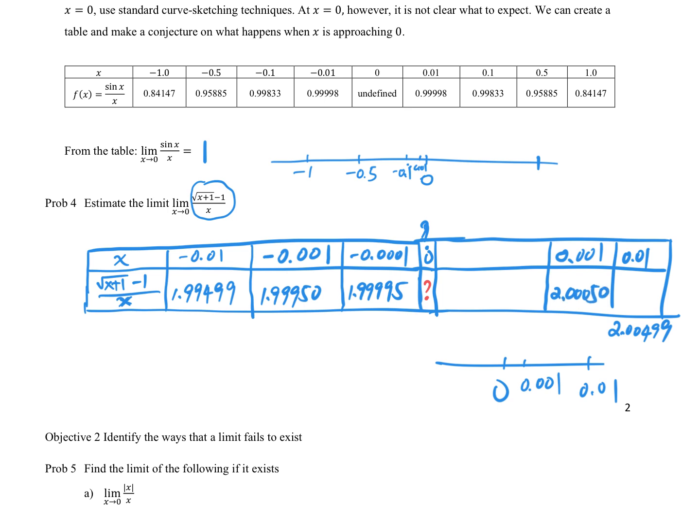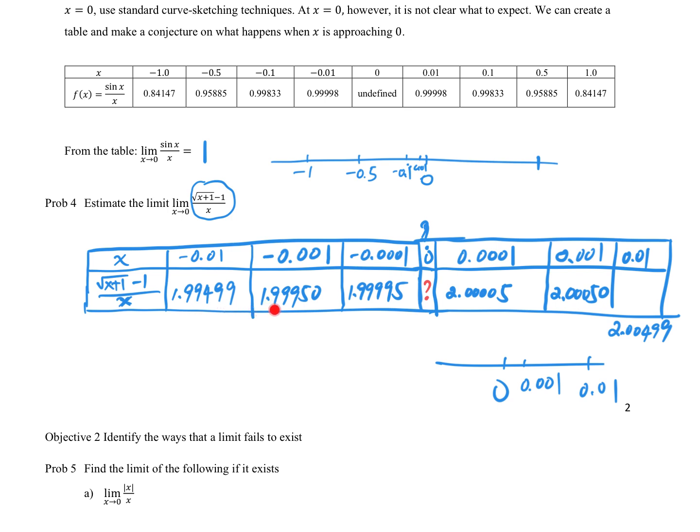I feel like I see the pattern already, but just to be safe, I'm going to choose one more, 0.0001. Then I plug that into this function and get 2.00004. It seems to me these values are getting smaller and smaller and approaching 2.